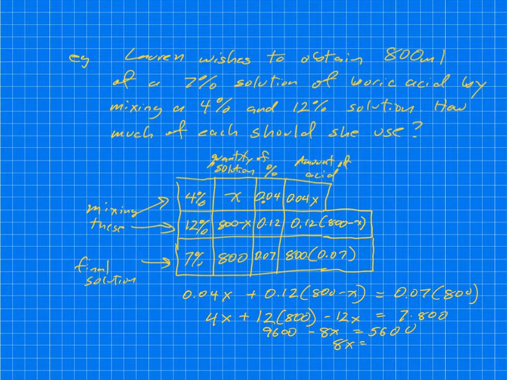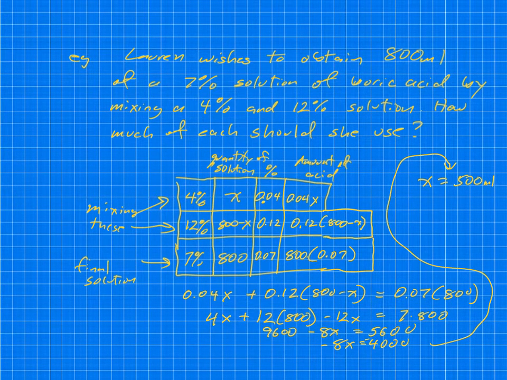Negative 8x equals negative 4,000, and therefore x is going to be 4,000 divided by 8, which is 500 milliliters.